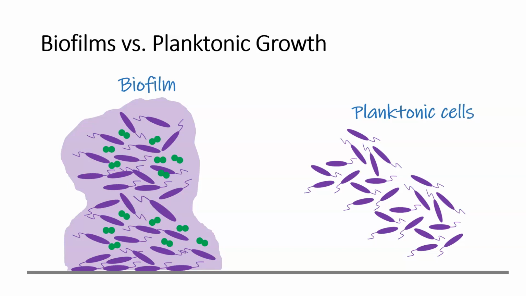The biofilm resists penetration of antimicrobial chemicals, and it creates a unique microenvironment with lots of extracellular polysaccharides and proteins that interfere with antimicrobial activity. In addition, the cells within a biofilm often upregulate their stress response genes, and some of them enter a metabolically inactive form called a persister state.